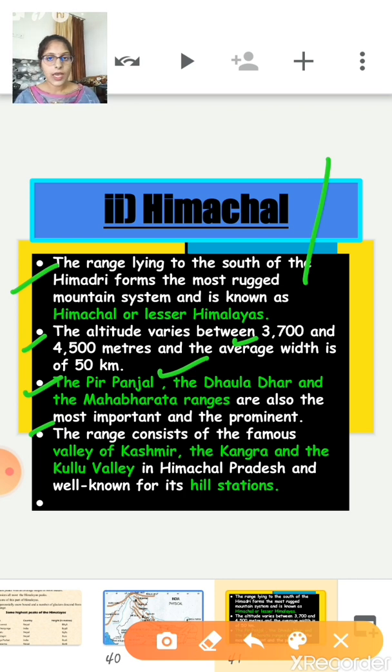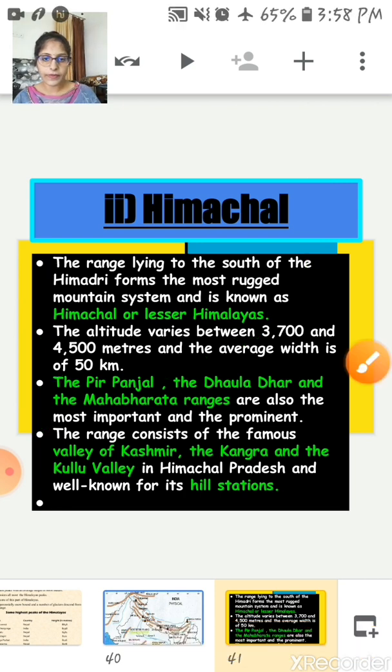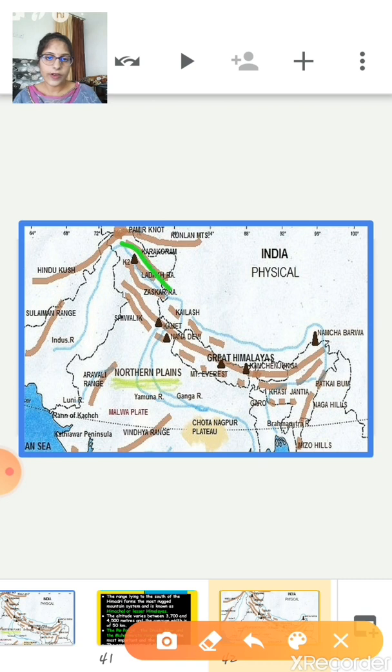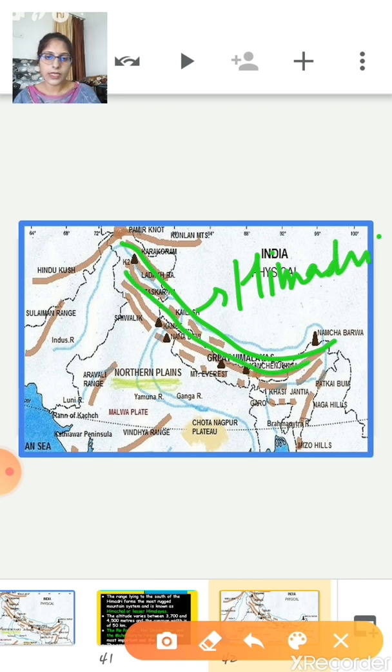First one is the Himadri and the second one is the Himachal. So first one is the Greater Himalaya or the Himadri. Second one is the Himachal or the Lesser Himalaya, and the last one is the outermost range of the Himalaya, Shivalik.